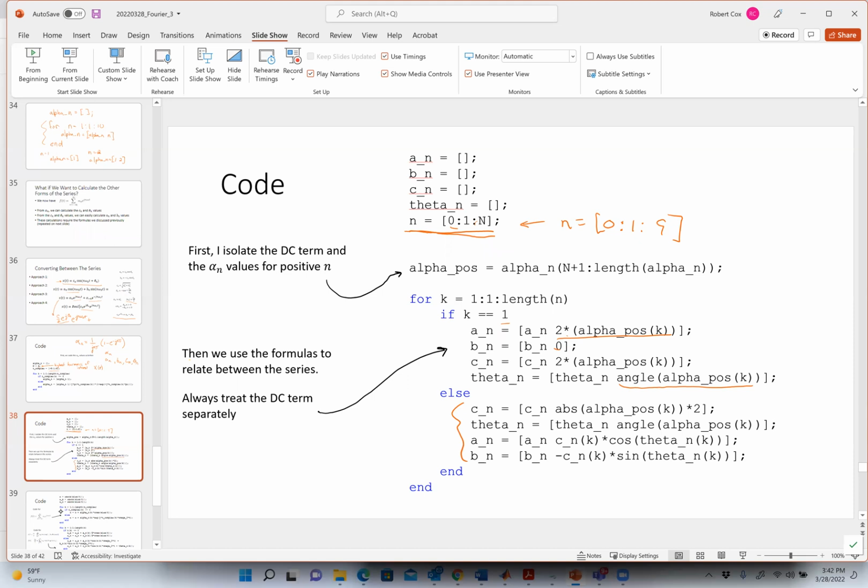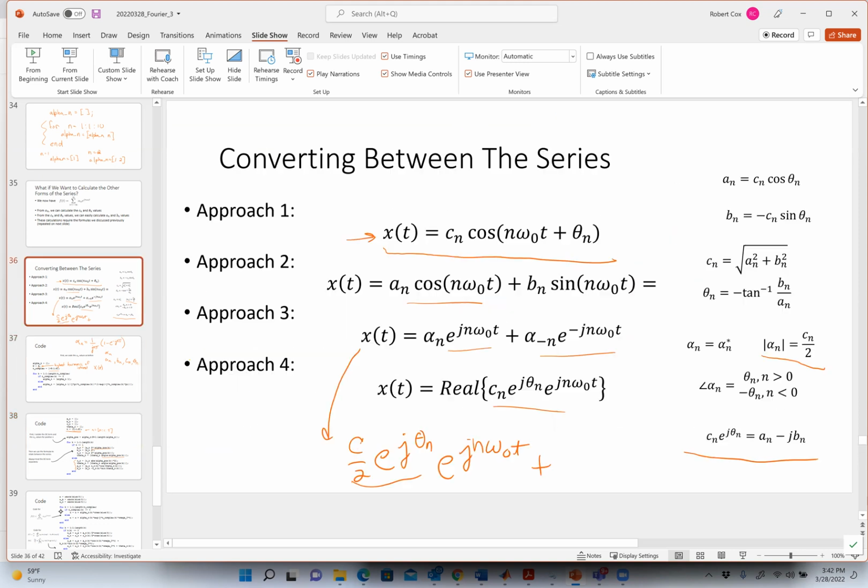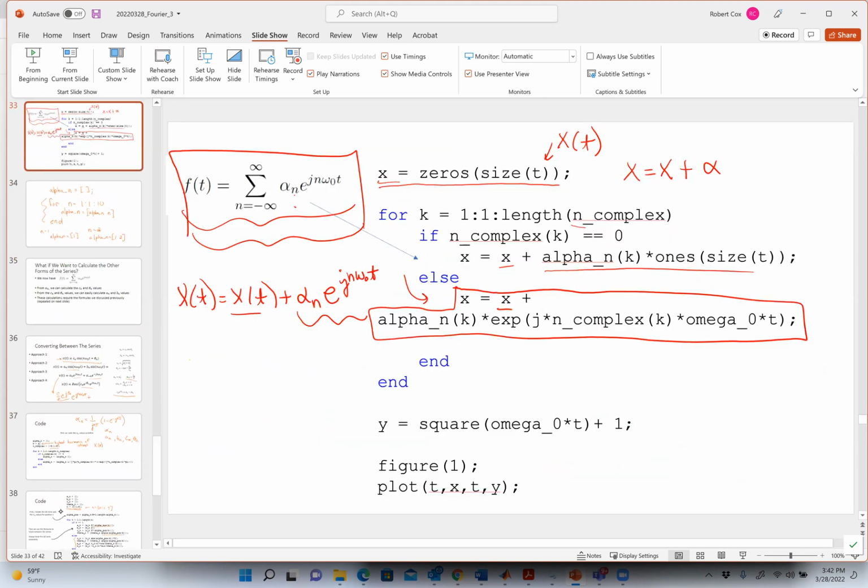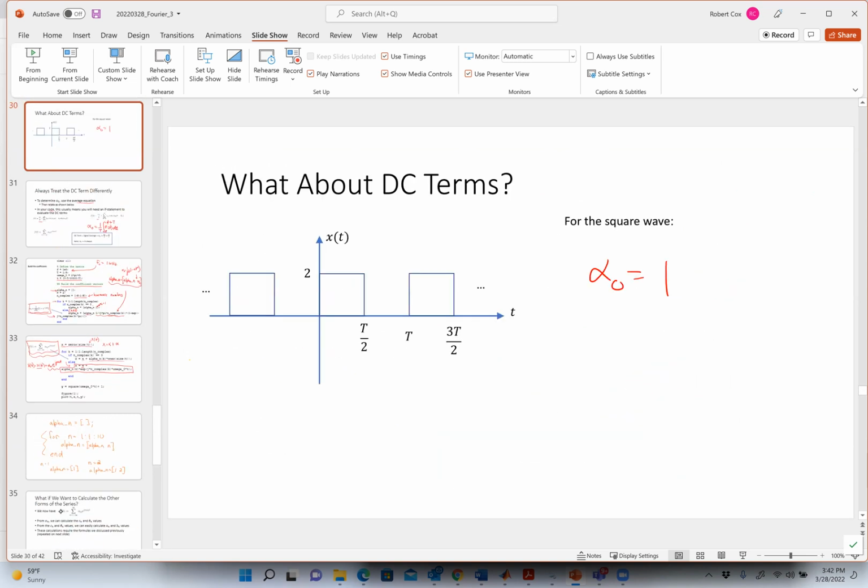Okay. Now, what's this thing with the angle? If you look at this here, A0 over 2, the average value of a waveform, is that ever going to be a complex number? Well, technically all numbers are complex, so yes.